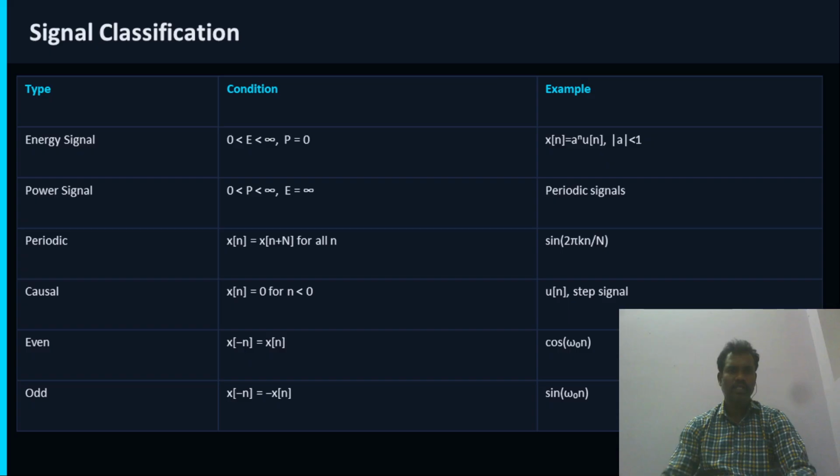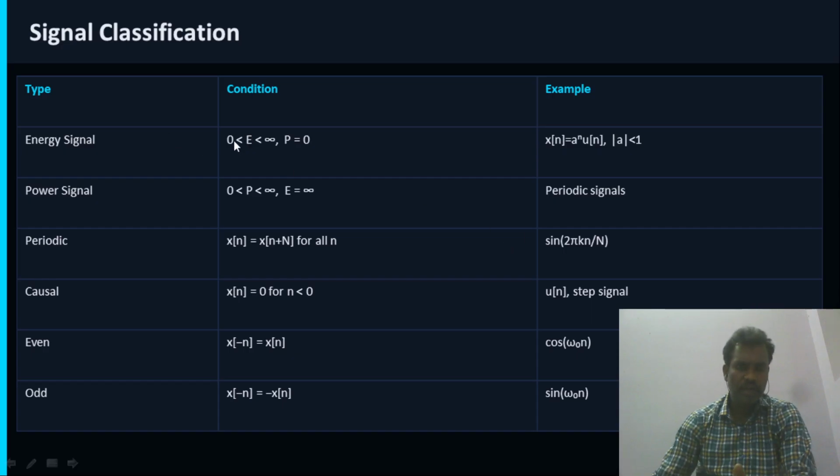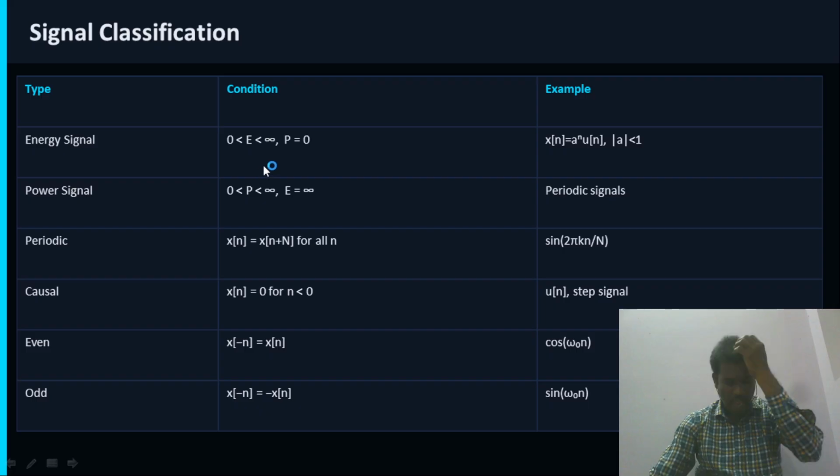How will we classify the signals? If the total energy of the signal is finite, then it is called an energy signal. So the condition is 0 less than or equal to E less than infinity. That means the total energy should be a finite value, then it is called an energy signal. And a power signal: we calculate the average power.